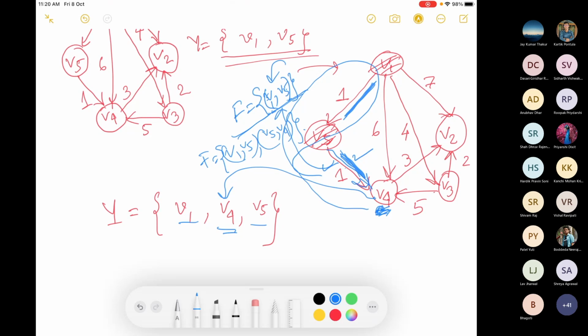Oh, I see. Okay, understood. Here you are checking shortest paths every time. So, sir, this will mean that we are getting shortest paths to V4. You are getting shortest paths from V1 to V4.